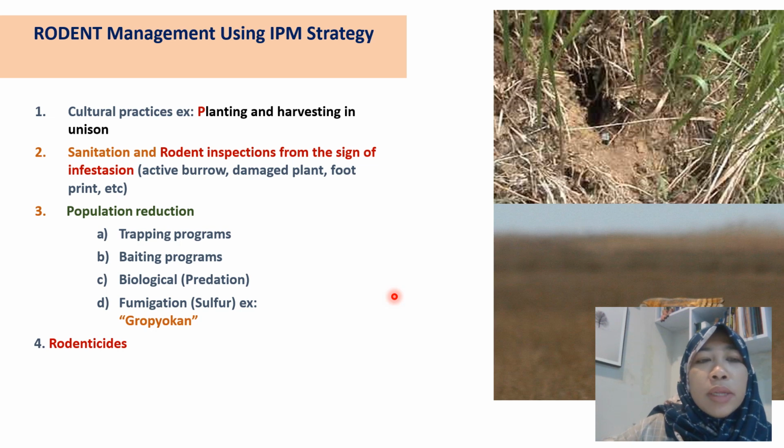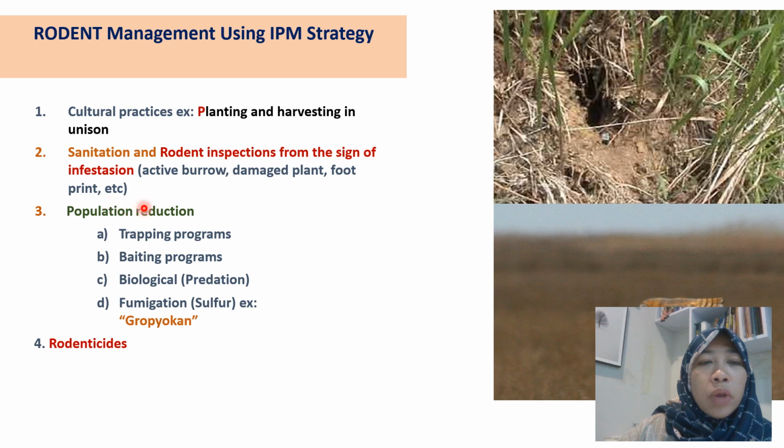And then the second one is sanitation and rodent inspection for signs of infestation. If we are in the field, we can find active burrows, lubang aktif, and then we can find damaged plants, and maybe we can find footprints.